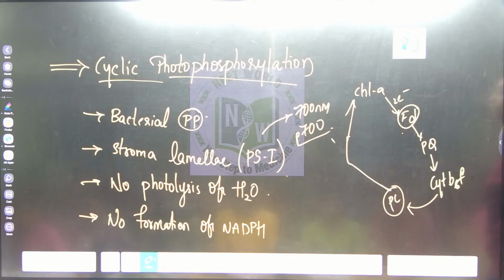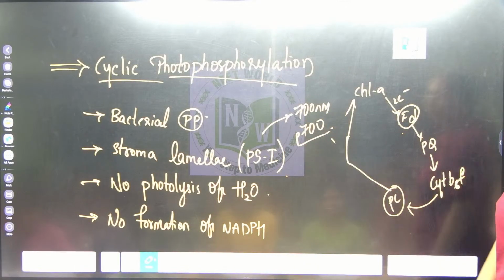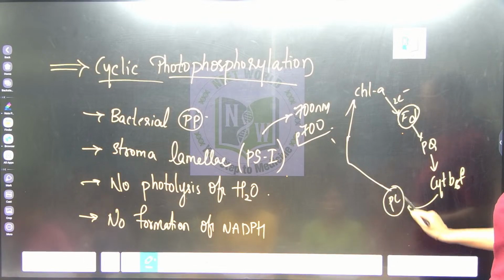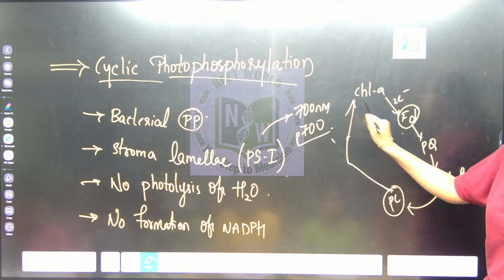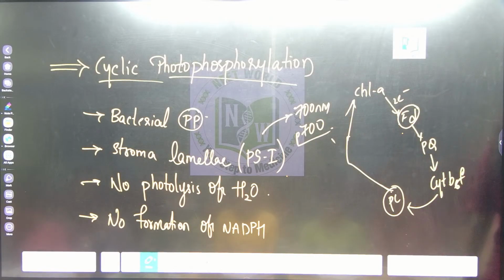Clear? Take the points regards to cyclic photophosphorylation, where is it operated, and take the sequence of energy flow. Mostly you will get the sequence of electron flow from non-cyclic only. Here you remember these major points, followed by what is the primary electron acceptor and last electron acceptor. Plastocyanin is giving back electrons to chlorophyll A. That's all.